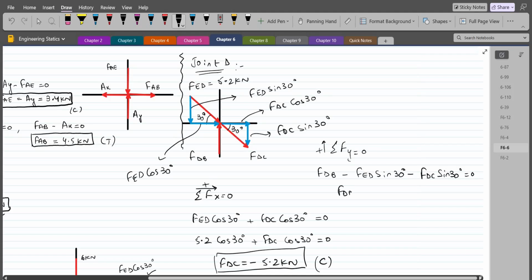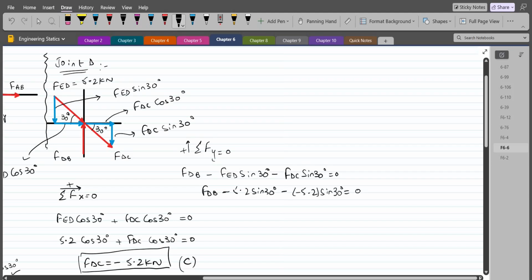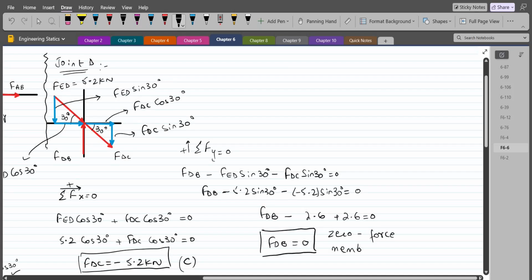So we have FDB minus 5.2 into sine 30 minus FDC, which is negative 5.2 into sine 30 equals to 0. So from here I have FDB minus 2.6 plus 2.6 equals to 0. So FDB also comes out to be 0. So the member DB is a 0 force member. It is neither in compression nor in tension.